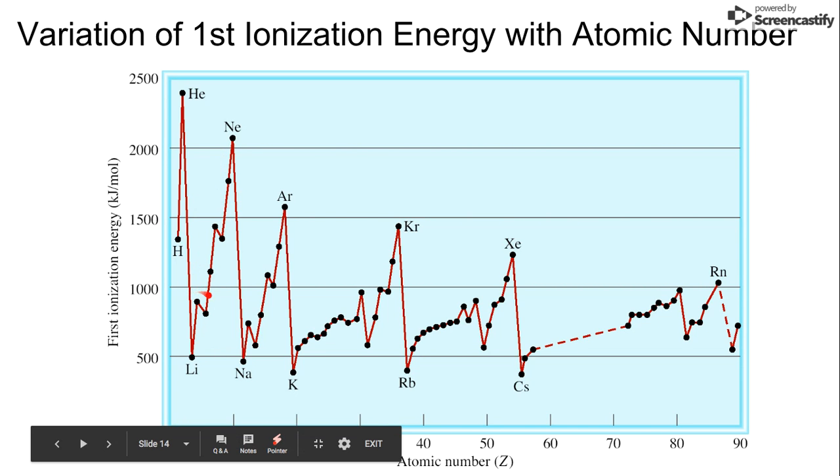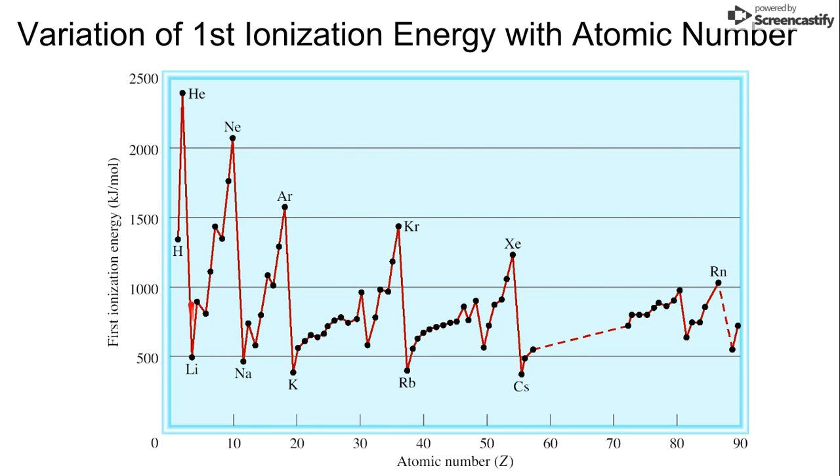The two things that I want to talk about is right here, and that's between beryllium and boron, okay, the second and third column, and then between nitrogen and oxygen. Beryllium has an outer electron configuration of 2s2, but then when you go to boron, you're going from 2s2 to 2p1.